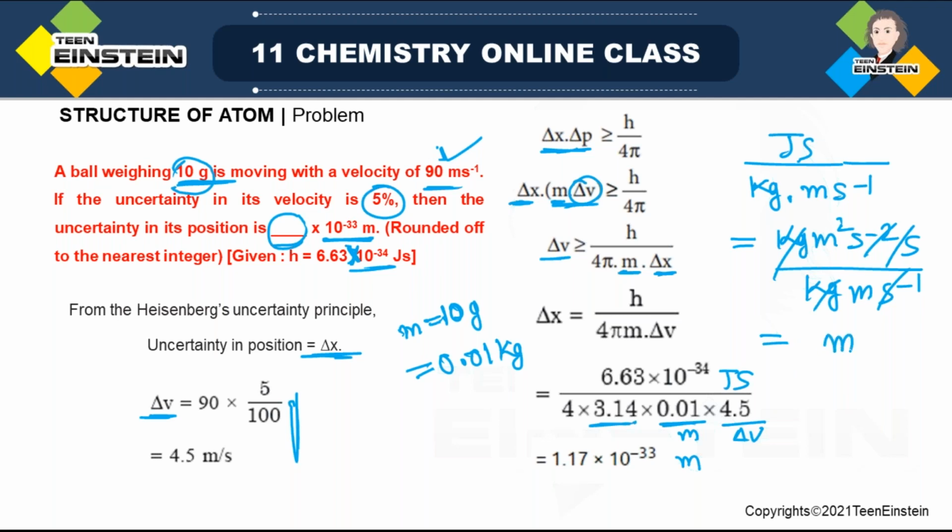So the ultimate unit left is meter, which is the unit of position. Fine. So in this way, you can also understand how the final units we can get, which is the unit of length. Okay. So answer is 1.